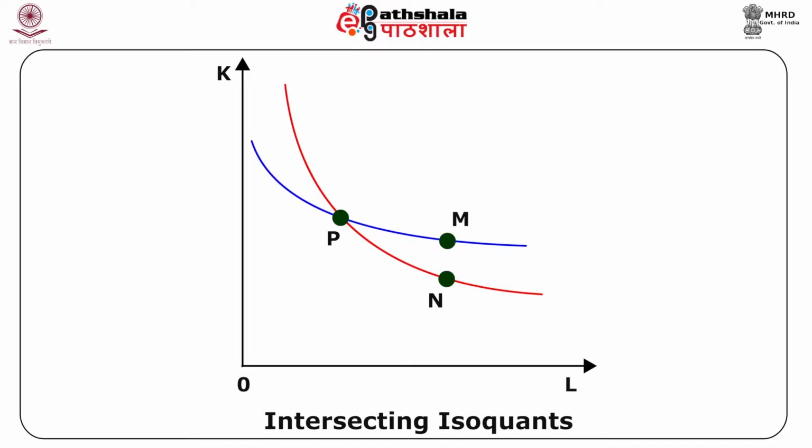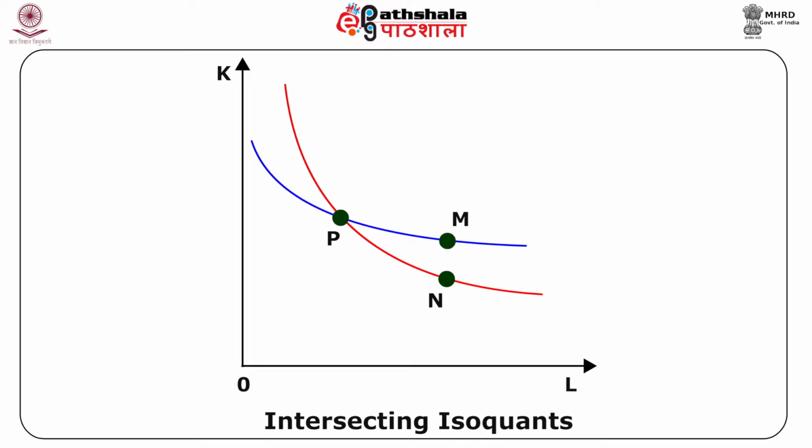Then there would be two points, M and N, that contradict the basic definition of isoquant, since they lie on the same isoquant. M represents the same level of output as P, but P and N also lie on the same isoquant. So, the output level at N is the same as that at P.